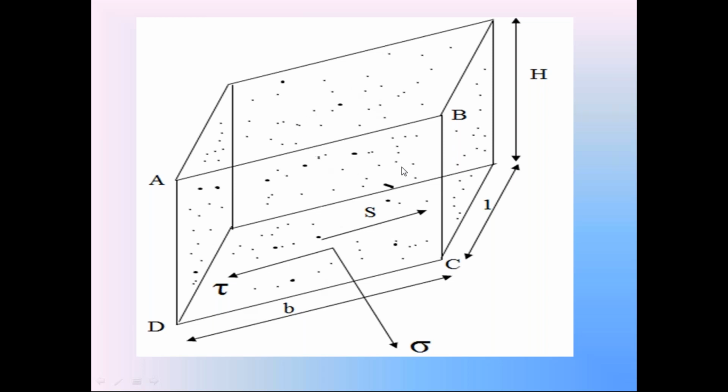Whereas this soil, cohesive soil, is having the shear strength, internal shear strength S. You can calculate the shear strength S by using the Coulomb equation or Terzaghi equation. In cohesive soils, S is equal to C plus sigma dash tan phi dash.